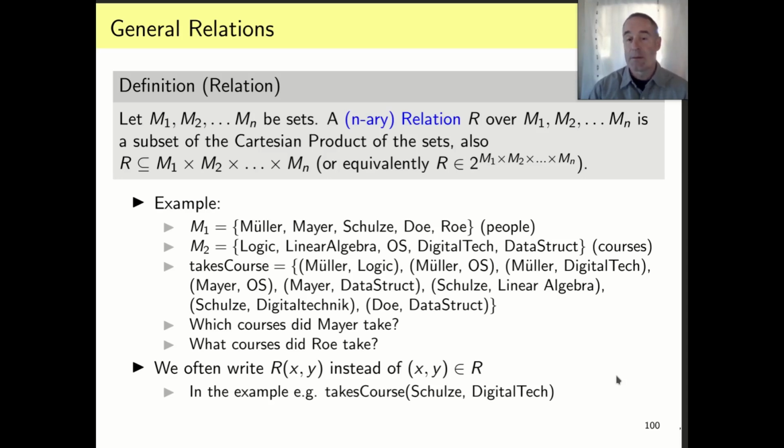So we can have a value for x and a value for y that are taken over the set of possible relations, the cross product of all of the sets that could be arguments to that relation. And instead, we normally will write this in prefix notation, the name of the relation first, followed by its set of arguments. And this probably conforms to what you're already used to as a programmer. Think of it, maybe you shouldn't think of it as a method call, but it has syntactically that format.